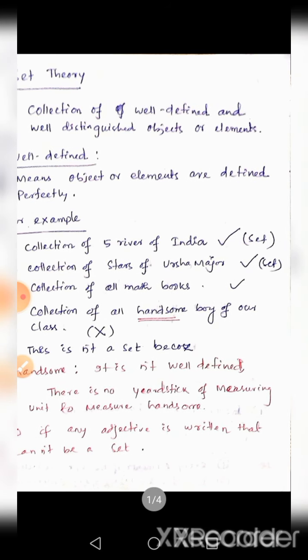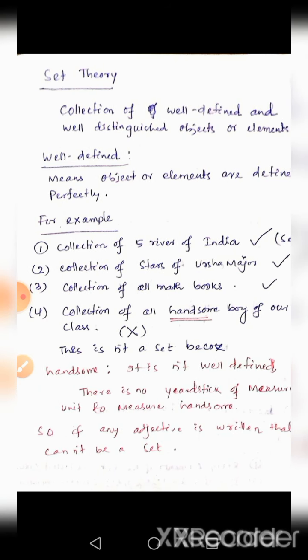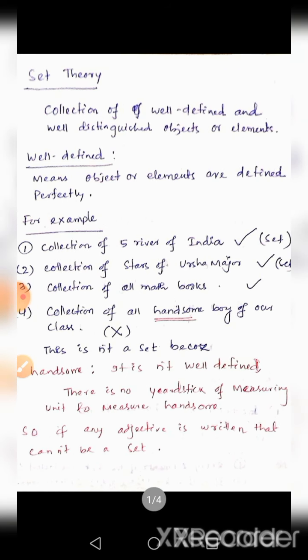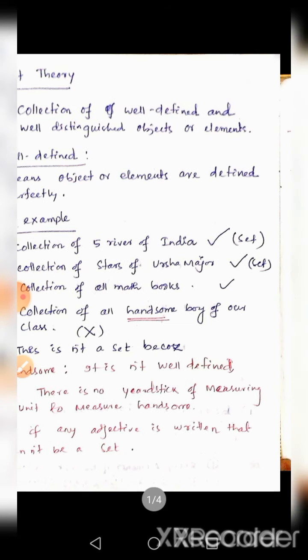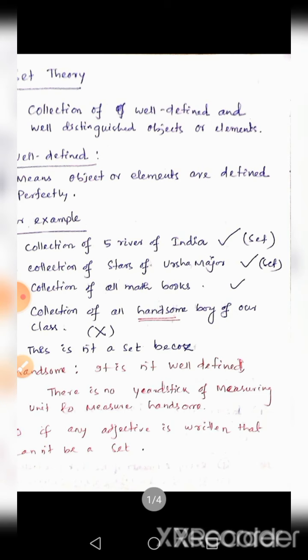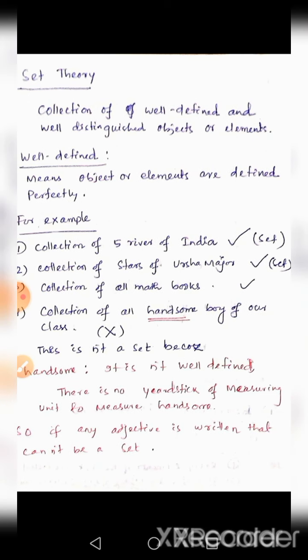So this is a set. And a collection of stars, Ursa Major, means Saptarshi Mandal. In Saptarshi Mandal you can write all the stars: Kratu, Pulaha, Pulastya, Angira, Vasishta. These are the elements. If I say a collection of all math books, you can take math books of 9th class, 10th class, R.D. Sharma, these are all math books.